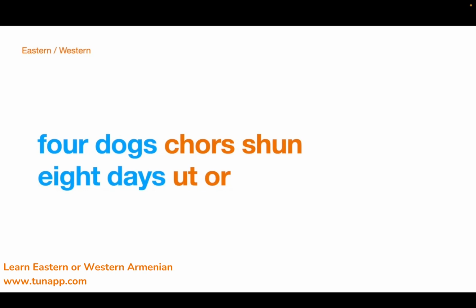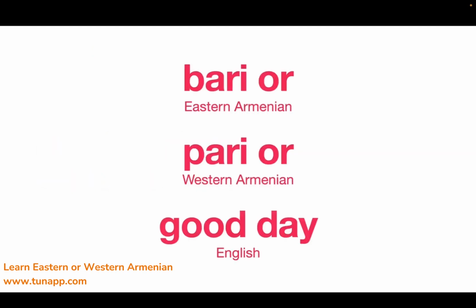That would be grammatically incorrect in Armenian. If you recognize the word ut meaning 8, that's good. But by now you should also recognize the word or, meaning day. We learned this in barior in Eastern Armenian, or parior, meaning good day.